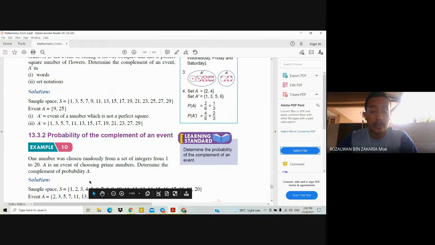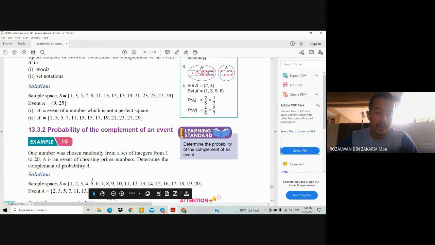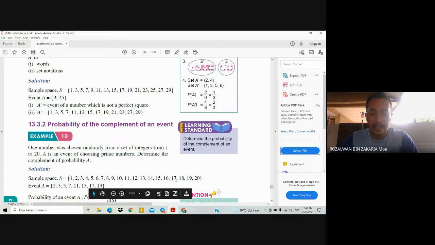Okay, so the solution for this one. Firstly, what to do? You have to list all the possible outcomes, which means you have to list all the elements of the sample space. Use the symbol capital S equal to, and use the set notation like this. Inside the set notation, you have to write the integers from 1 to 20.